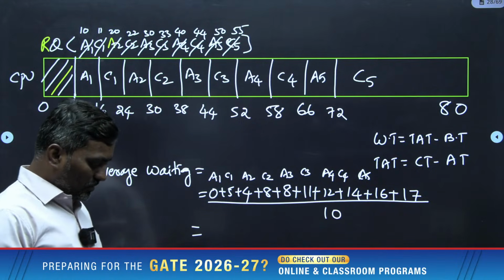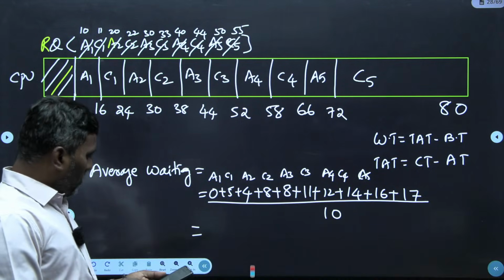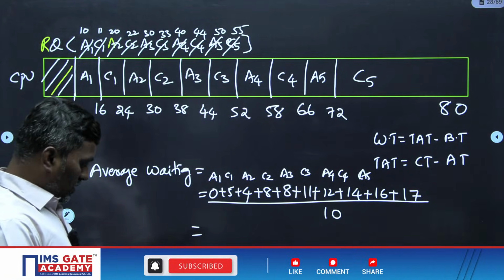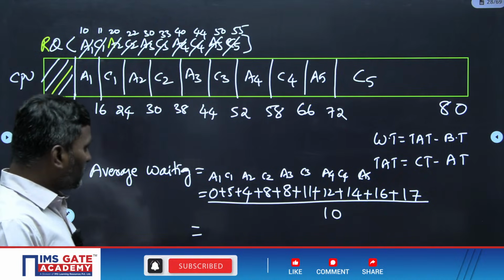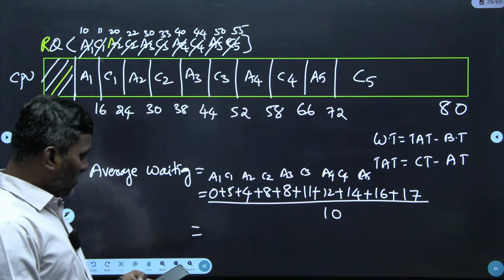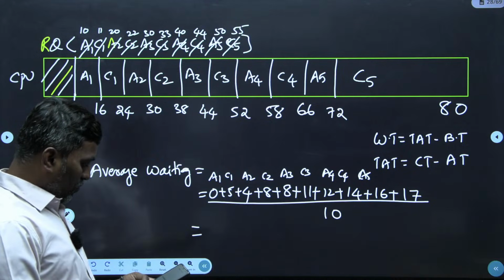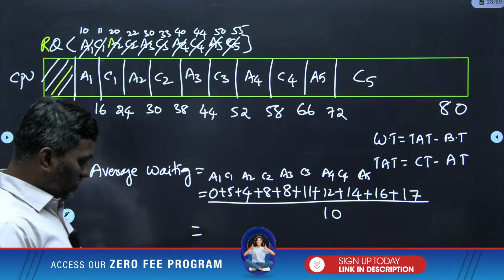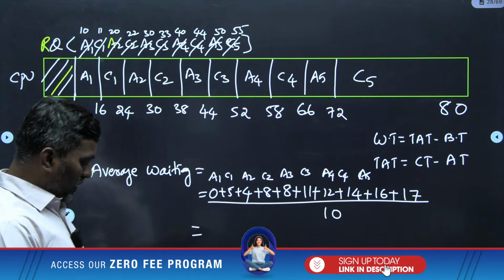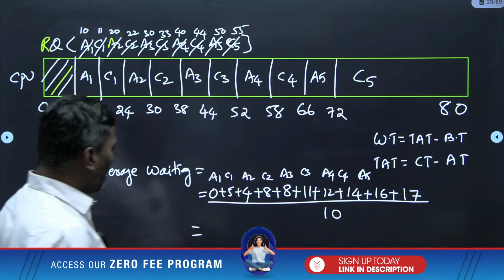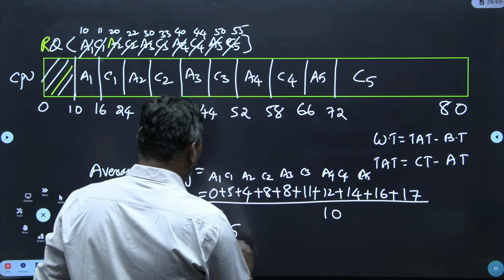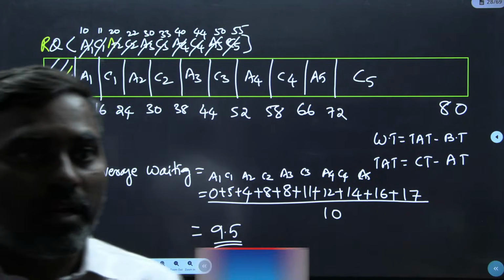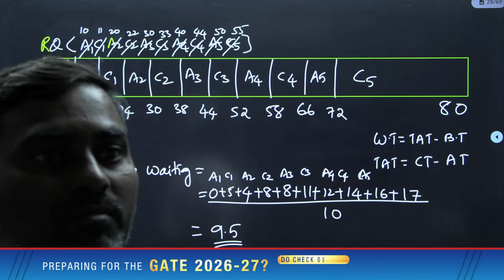Some of you tell me the answer. 5 plus 4 plus 8 plus 8 plus 11 plus 12 plus 14 plus 16 plus 17, divided by 10, right? 9.5. As per this data, the average waiting time comes to 9.5. Is it correct?